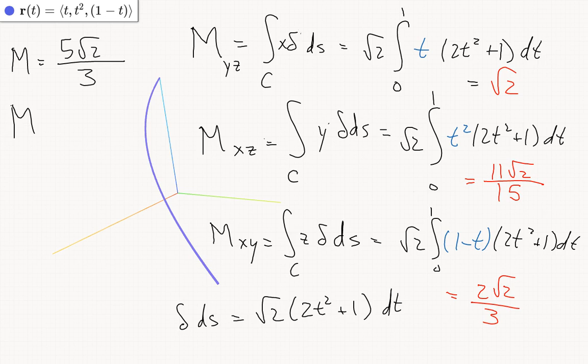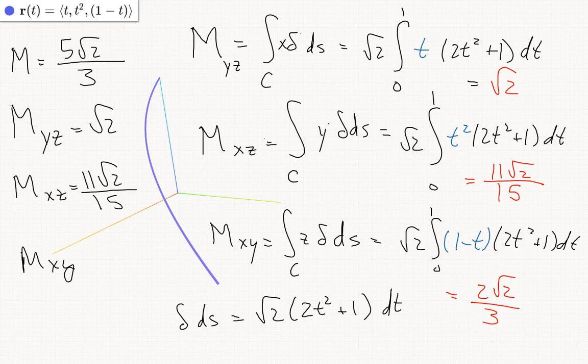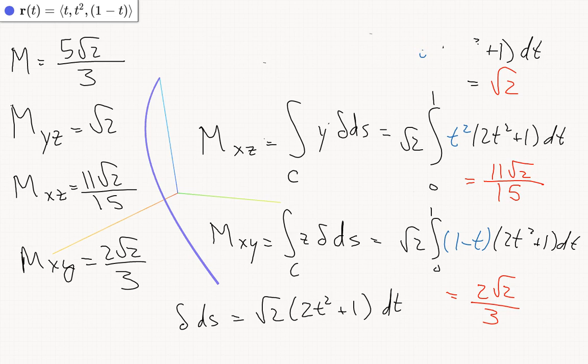So let me record those over here. Mxz is 11 root 2 over 15. Mxy is 2 root 2 over 3. Okay, so now we can calculate the center of mass from these four numbers.